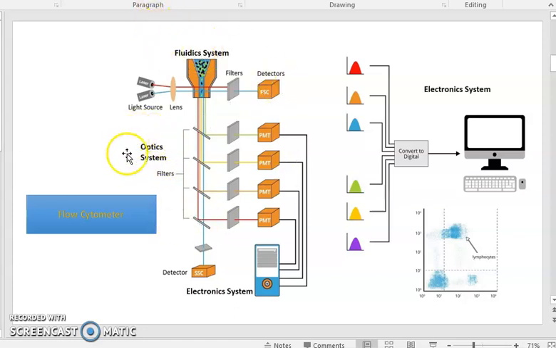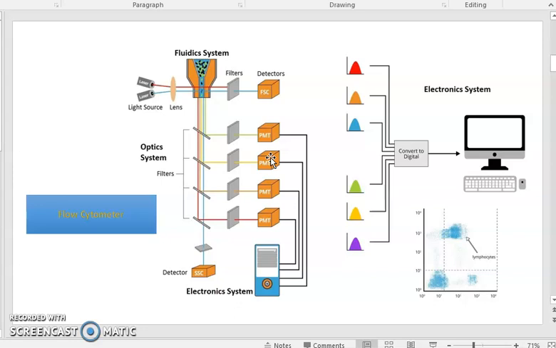Next one is the optic system. Here the optic system consists of various filters, light detectors, and a light source, which is usually a laser line producing a single wavelength of light at a specific frequency.